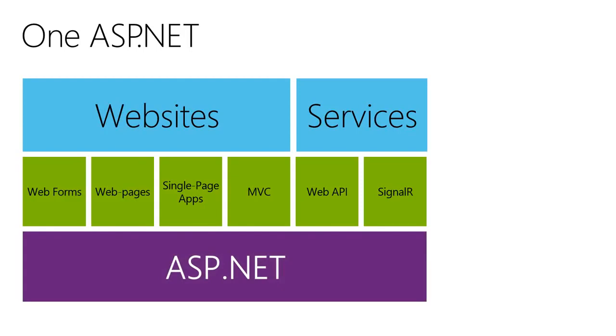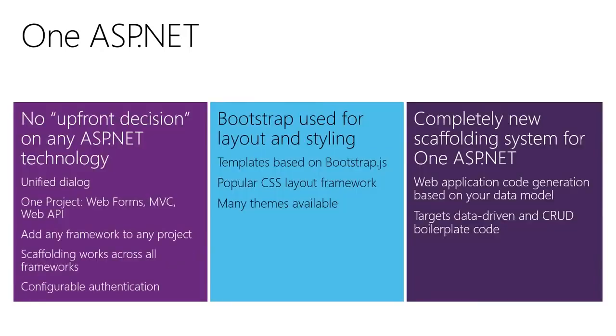When you go to create a new project, and I'll demo this in a minute, instead of asking you whether you want to do MVC or web forms, it's just going to say, do you want a web application? You say yes, that's what I want to build, and then it's going to ask you a few questions about what type, whether you want MVC, what kind of authentication you're going to use. Those types of things come into play with One ASP.NET, if you will. So again, no upfront decision about what you're going to use.